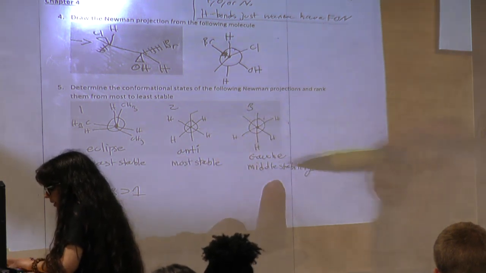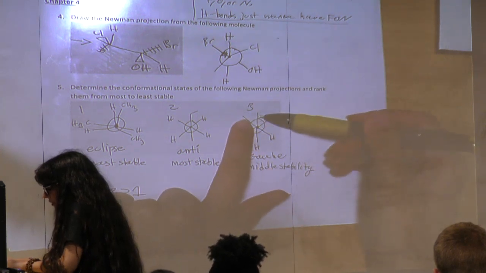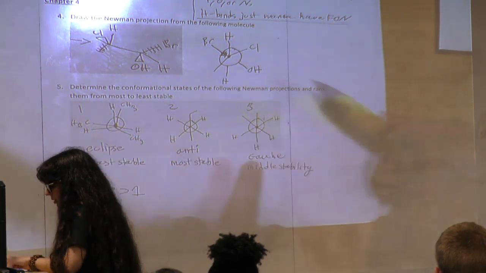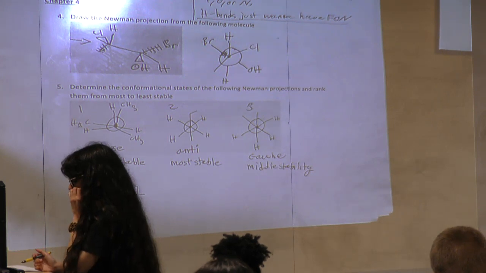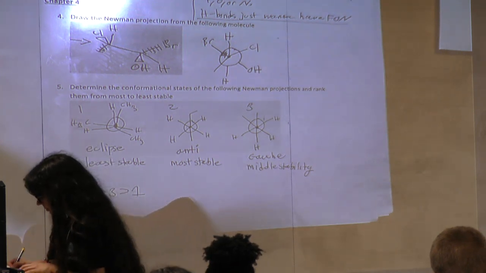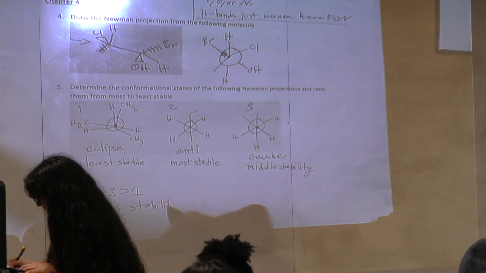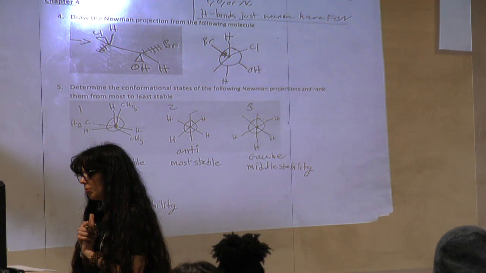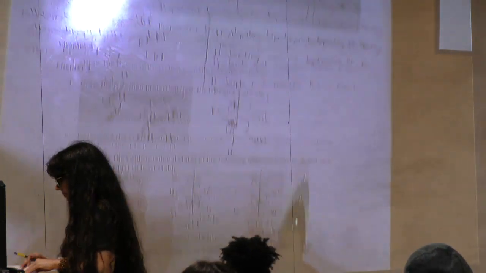So that would give it middle stability, because for them to be this far apart is more stable than for them to be this close by with the hydrogen. For sure. Is that okay? Okay, perfect. Does anyone have questions on Newman projections before we move on? We're good? Okay.